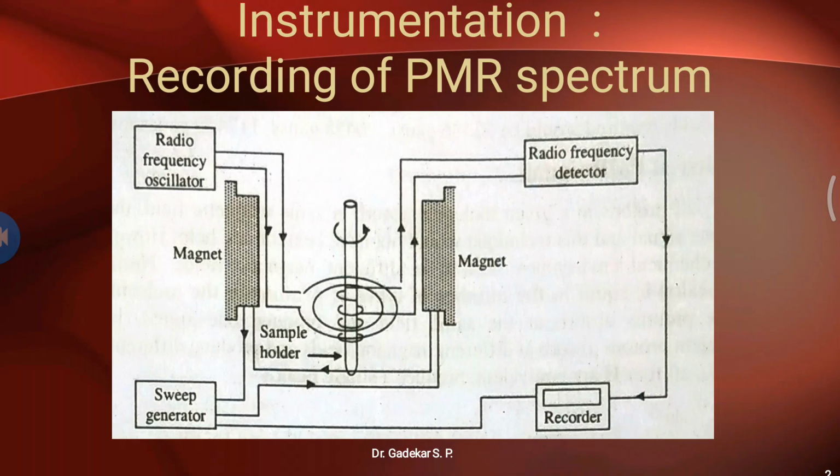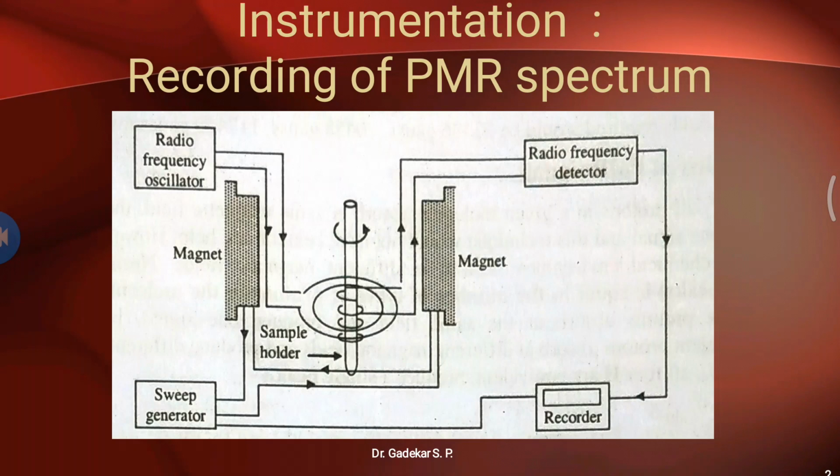It provides the necessary radio frequency to bring about excitation of the nucleus, and generally frequencies of about 60 to 500 megahertz are used. In PMR spectroscopy, we use radio frequency waves, and this radio frequency is provided by the radio frequency oscillator.